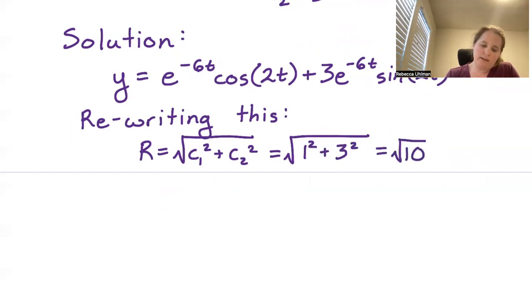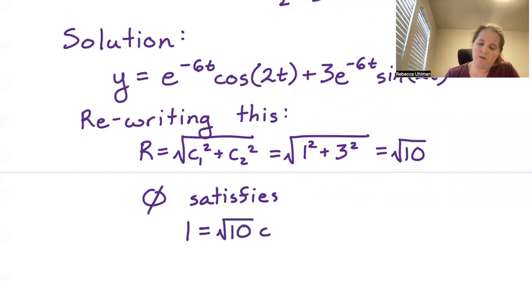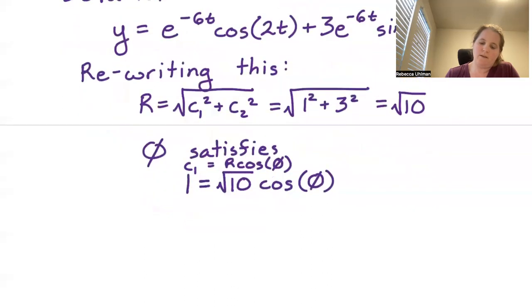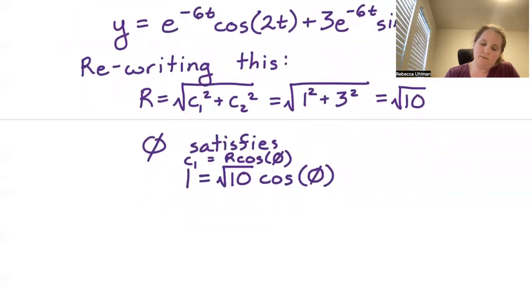And then phi satisfies 1 is equal to square root 10 times cosine of phi. That's C1 is equal to r cosine phi. And C2 is r sine phi.